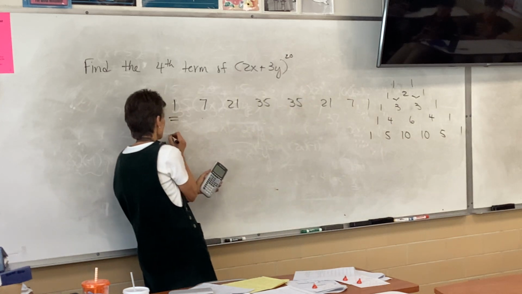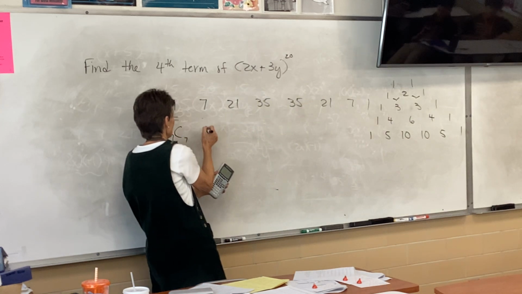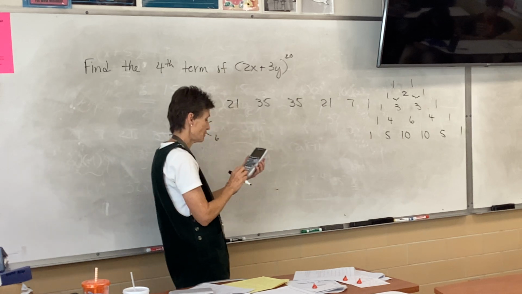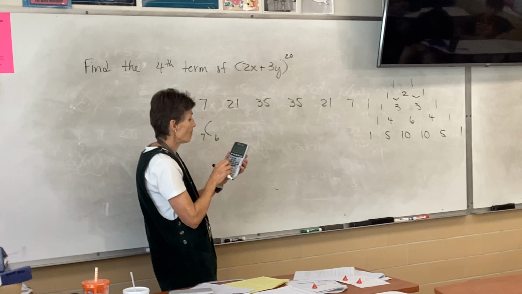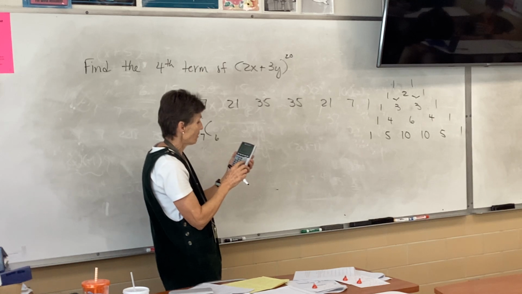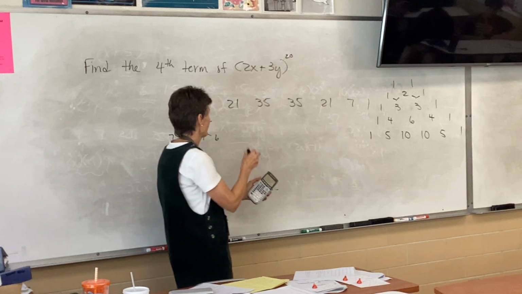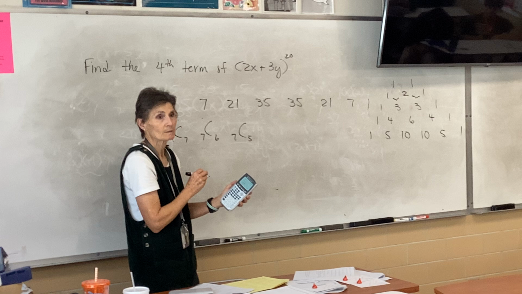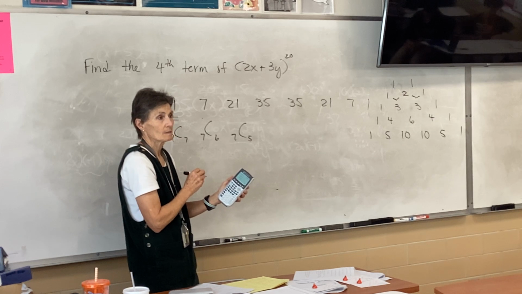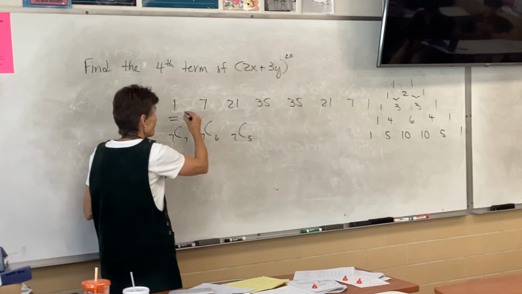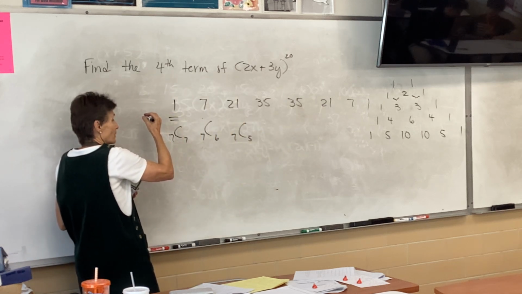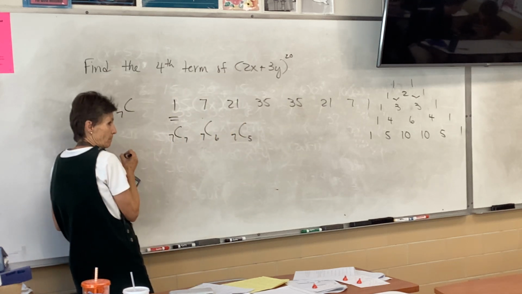7. So this was 7C7, this was 7C6. What do you think's gonna happen when you do 7, math, nCr 5? You get 21? The 7th row of Pascal's triangle are the 7C numbers.